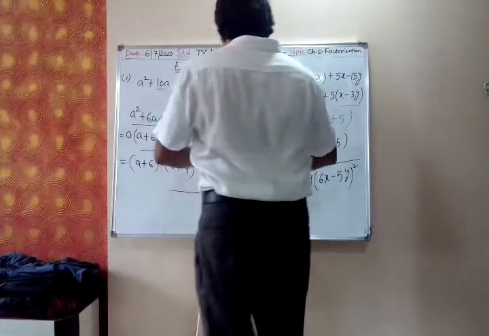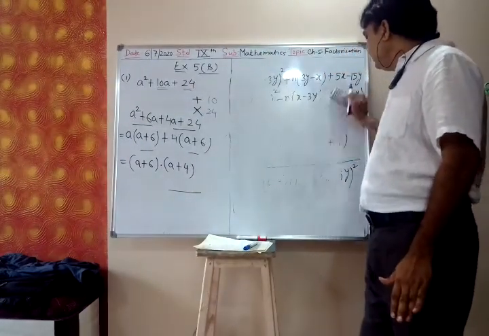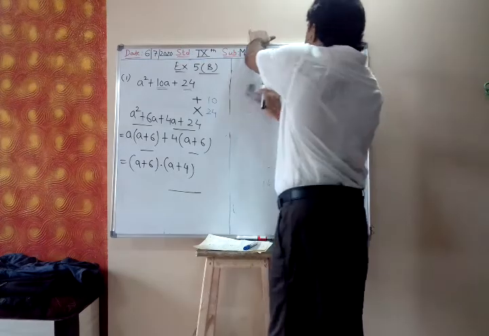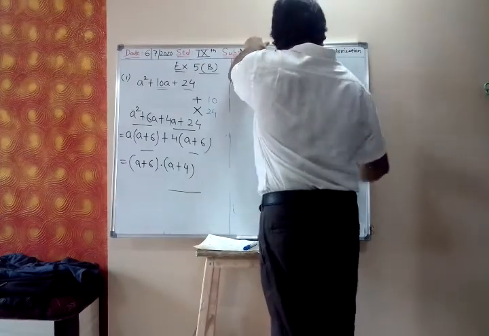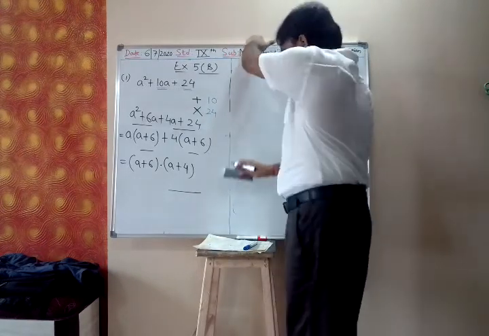Not 10, but 12 and minus 2. If it is minus 24, I would have taken 12 and minus 2. So it depends on the sign and on the number.